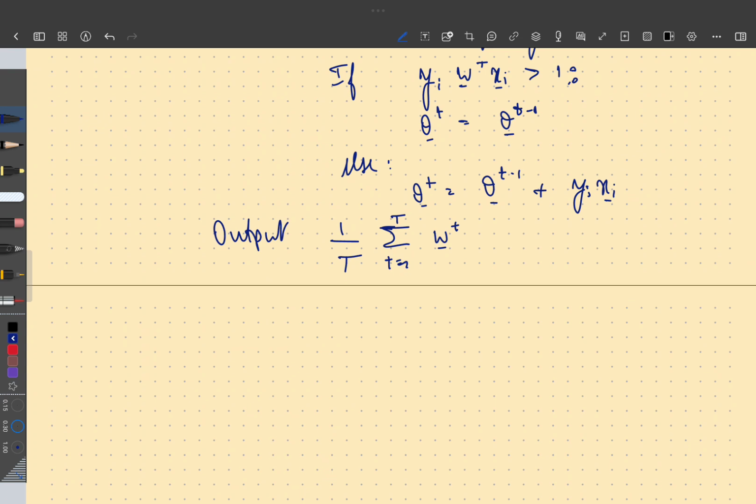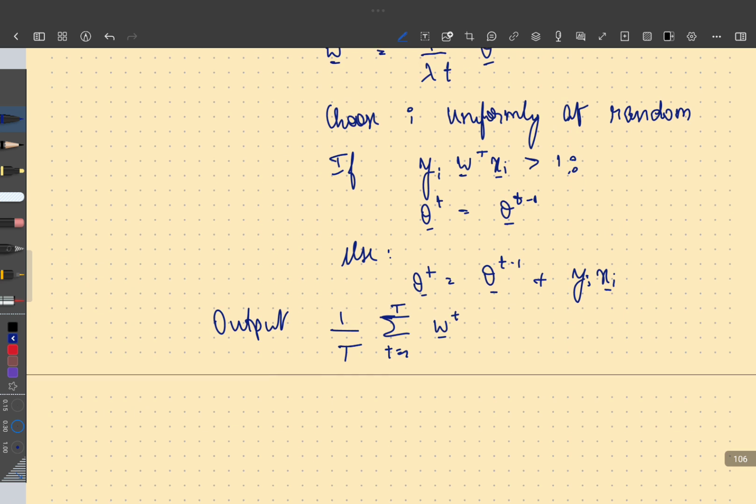It is essentially very similar, because that's what you would do in the perceptron algorithm. If it's not being classified correctly, then theta_t is theta_{t-1} plus y_i x_i. It's a little bit of a modification, but yeah, it's pretty related to the perceptron algorithm. But I did not cover the perceptron algorithm in class, so I didn't really give the link between the two.